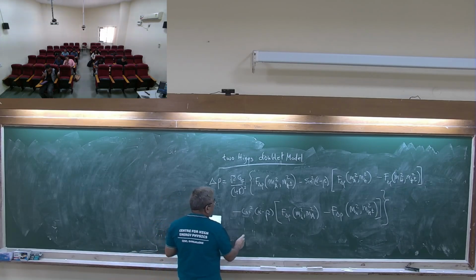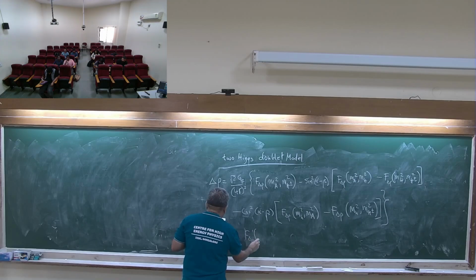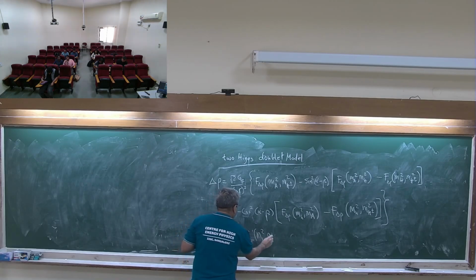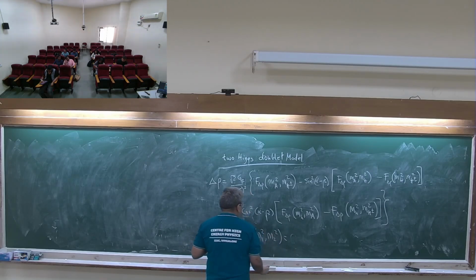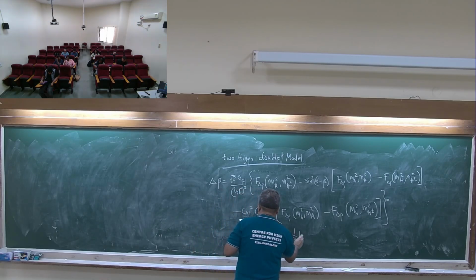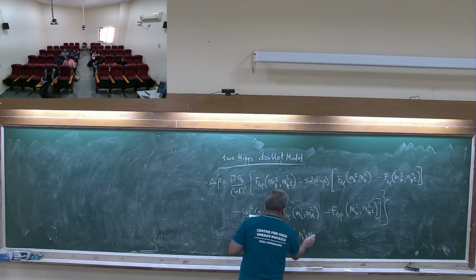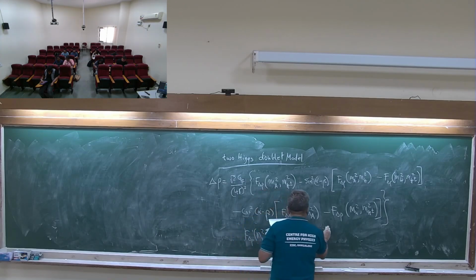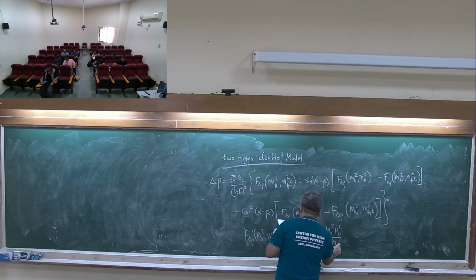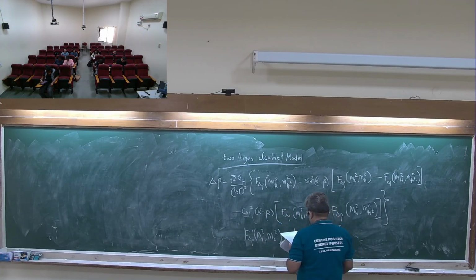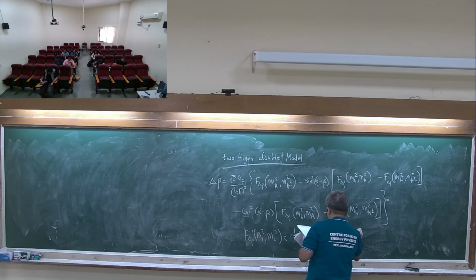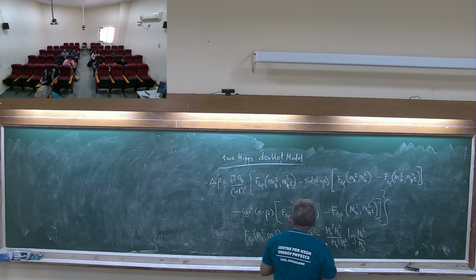Now what is this function f delta rho of any two masses m1? Something is wrong.